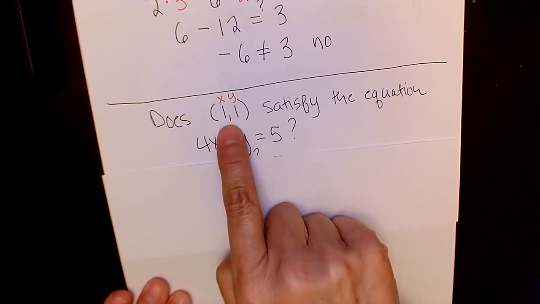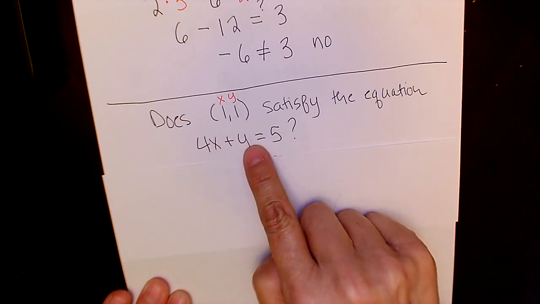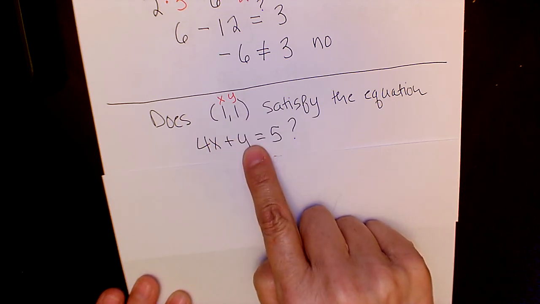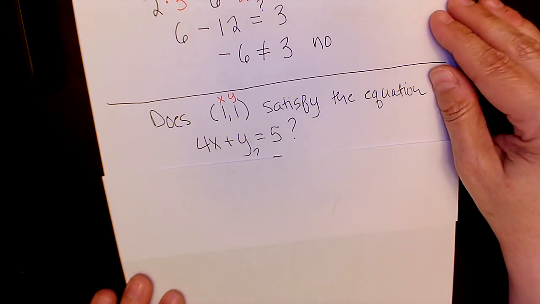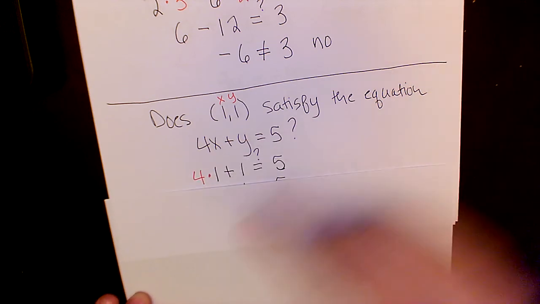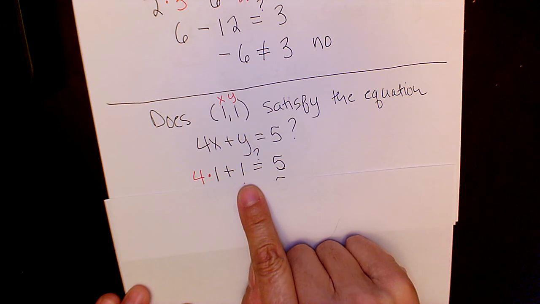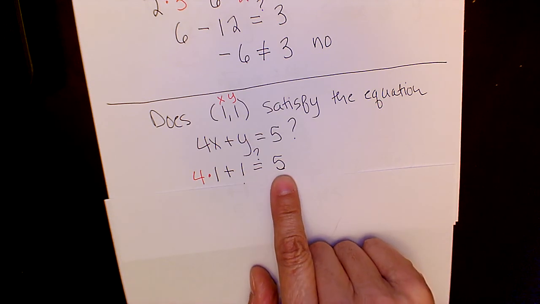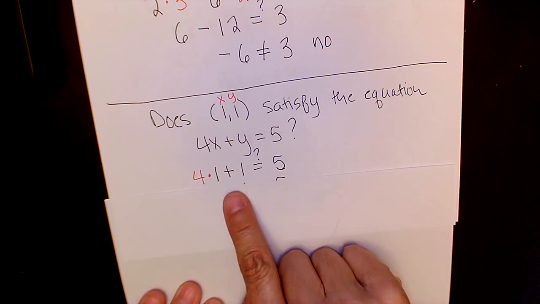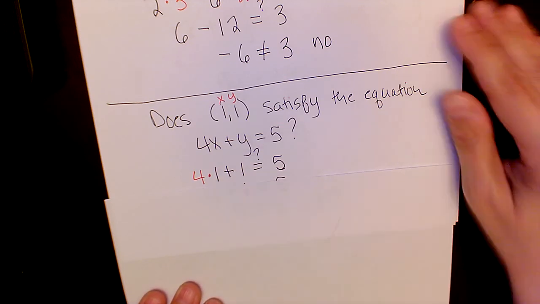So I'm going to plug in 1 for x and multiply it by 4, and I'm going to add 1 because y is 1, and I'm going to see if that comes out to be 5. So I'm plugging in 4 times 1 and adding 1, just like I said I was going to do, and I still don't know, does that get me to 5? Well, what's 4 times 1? 4 times 1 is just 4.